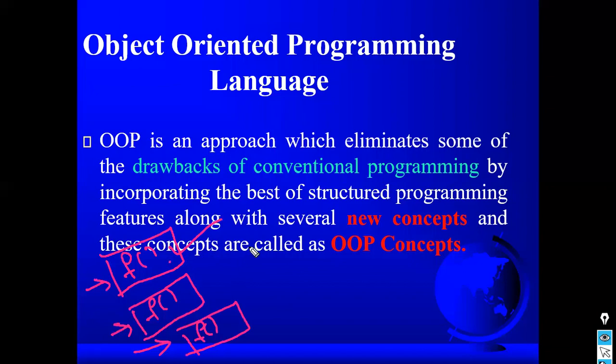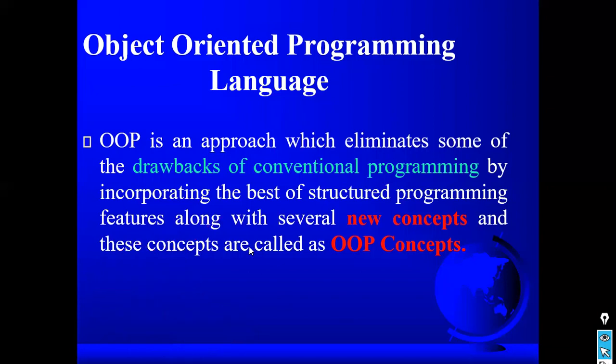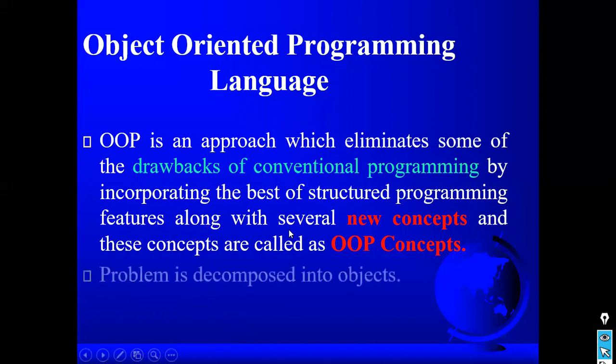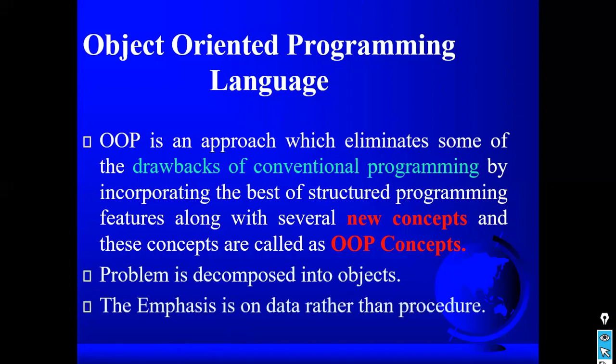This is the major advantage of object-oriented programming language. The emphasis is more on data rather than the procedure. These are the features which motivated programmers to use object-oriented programming language rather than procedure-oriented programming language in solving complex problems.